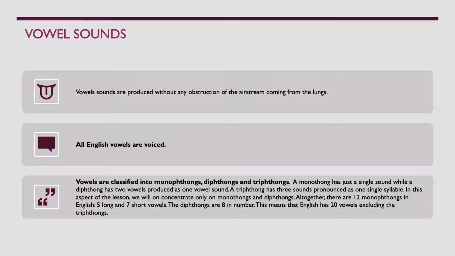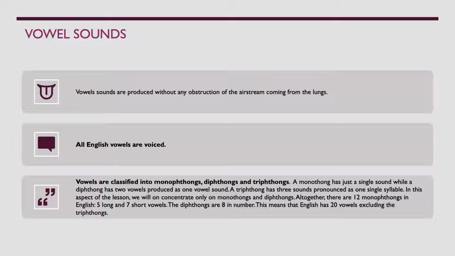Vowels are classified into monophthongs, diphthongs, and triphthongs. You should know and remember these three. A monophthong has just a single sound, while a diphthong has two vowel sounds produced as one. A triphthong has three sounds produced as one single syllable.